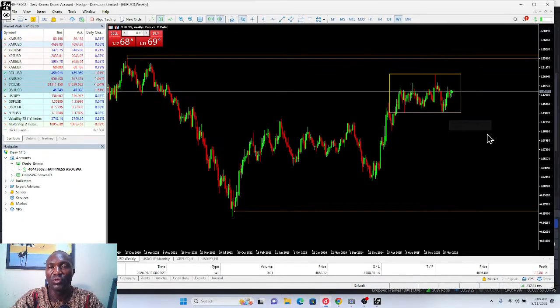So this is our weekly time frame. You've seen its range. There are different ways in which you trade this type of market structure. In a range market, there's a way you trade it, in an uptrend there's a way you trade it, in a downtrend there's a way you also trade it. Now let's continue. Okay, good.